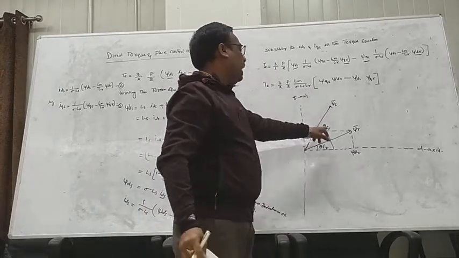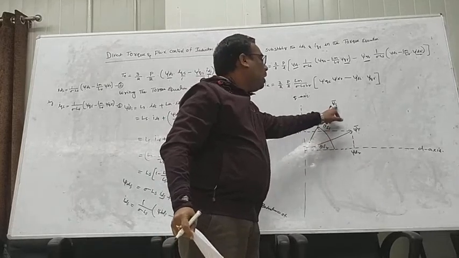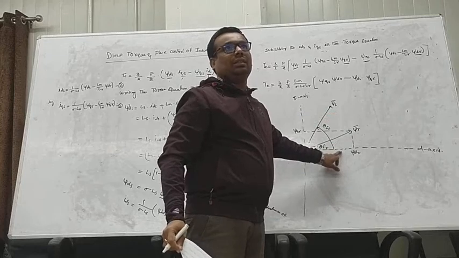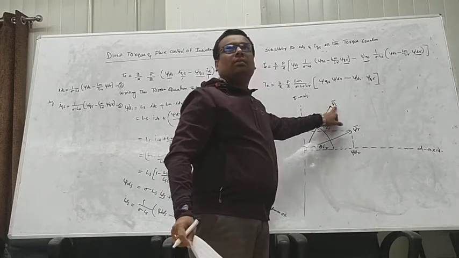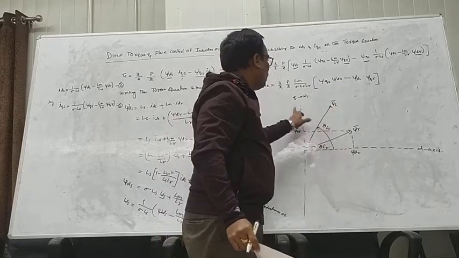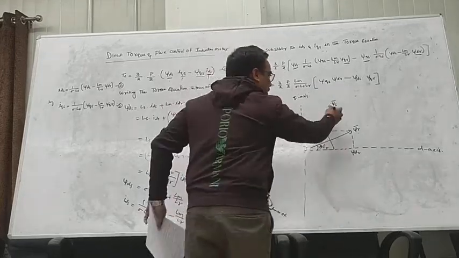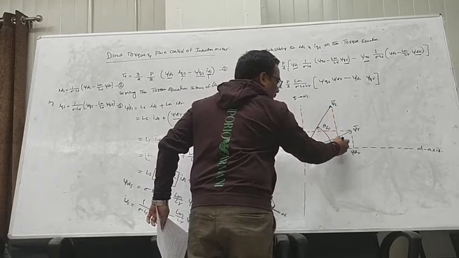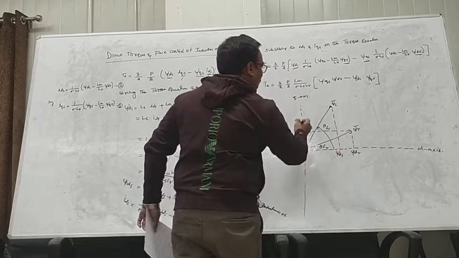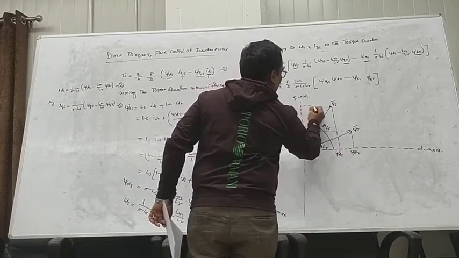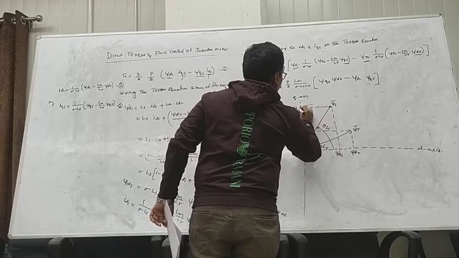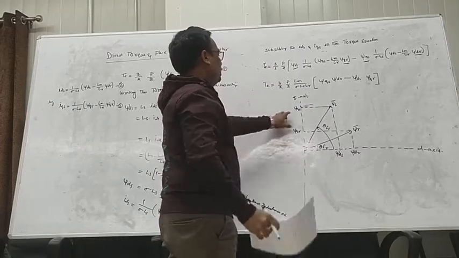Theta fs is the angle of the stator flux vector with respect to the direct axis. For this stator flux vector also there are two components: one is the d-axis component, another is the q-axis component. The d-axis component, if you project it, is psi ds, and if you project it on the q-axis, it is psi qs.